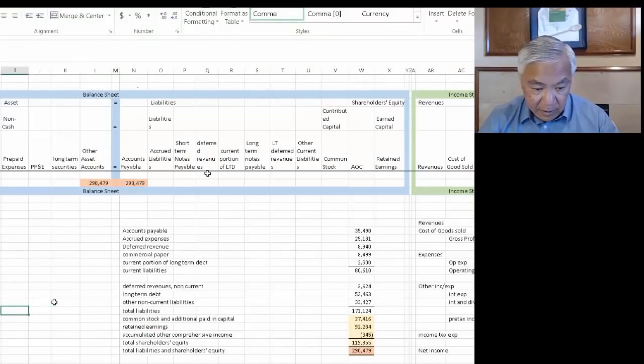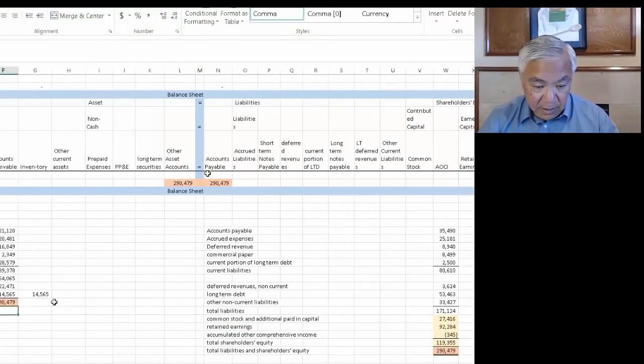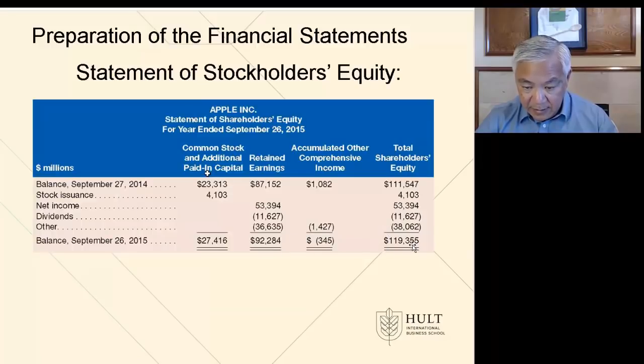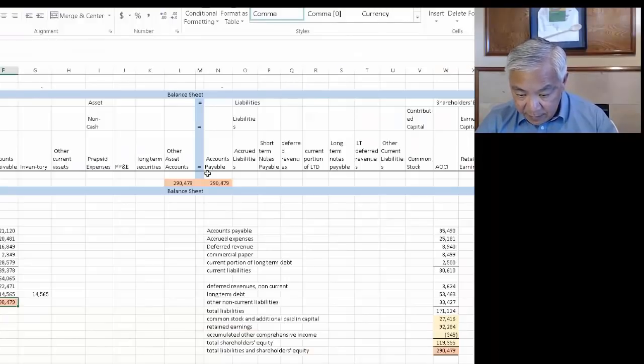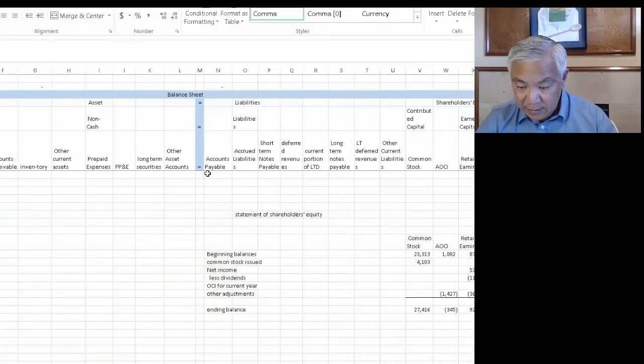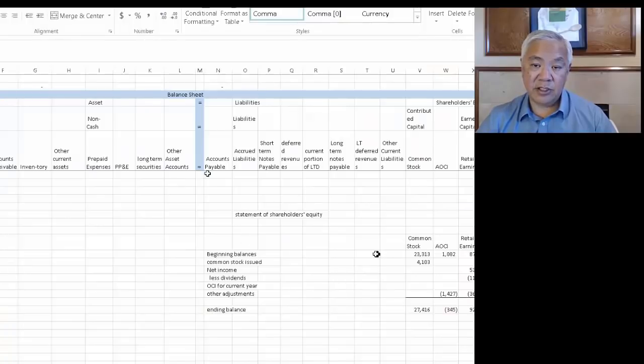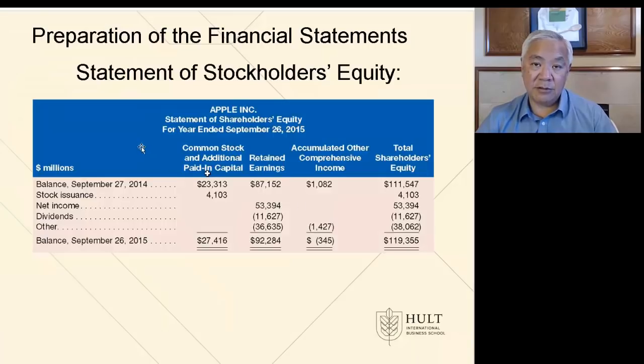Here we have over here 290,479. And then the shareholders' equity of 19,355, and that is below 19,355, right? So these are the formal statements, and this is the spreadsheet that generated the data to show we can do it on our own.